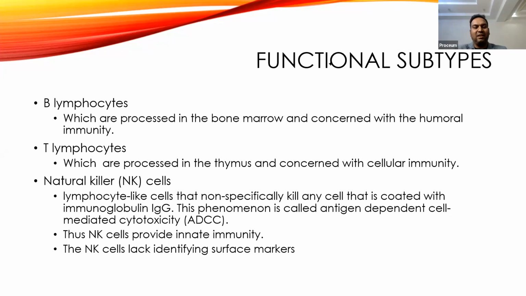Natural killer cell is one of the lymphocytes, which forms a part of the innate immunity. They are not specific for a microorganism, but act against everything, and they are naturally killing cells.